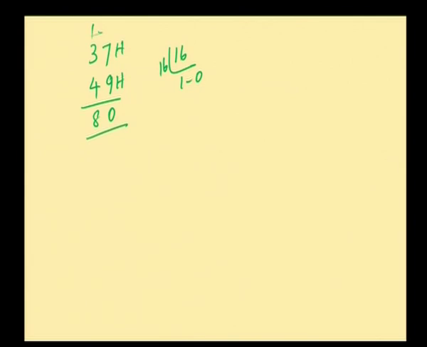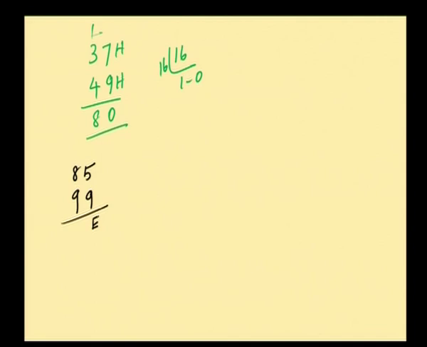Now, I am taking another example 85 plus 99. So, how to add these two numbers in hexadecimal? 9 plus 5, after 9, how to call it? Instead of 10, 11, 12, we have to use A, B, C, D, E, right, or simply you can add 9 plus 5, 14, and 14 should be converted into hexadecimal number which is E. Now, I am adding 8 plus 9, 8 plus 9 is 17.